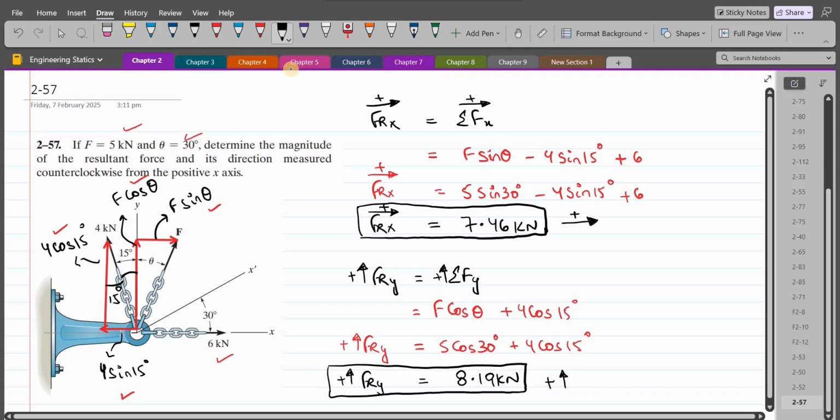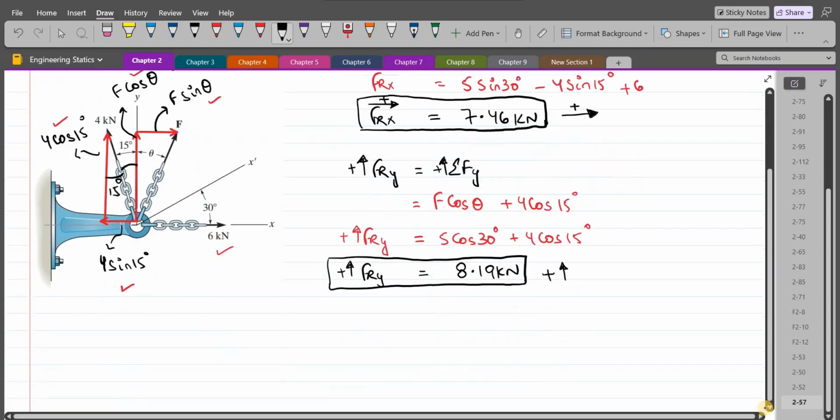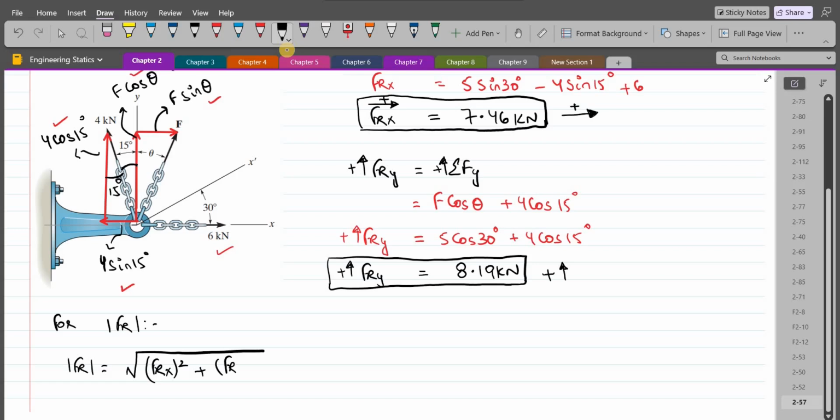Towards the positive y-axis. So now we have to find the magnitude of the resultant force. We can use the Pythagoras theorem. So the magnitude of the resultant force is equal to square root of FRx squared plus FRy squared.